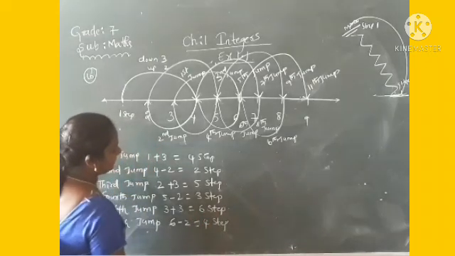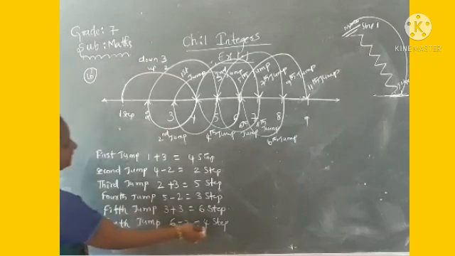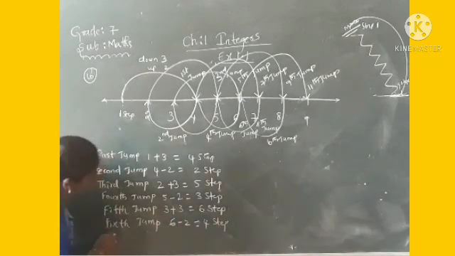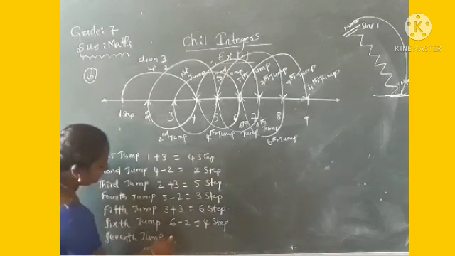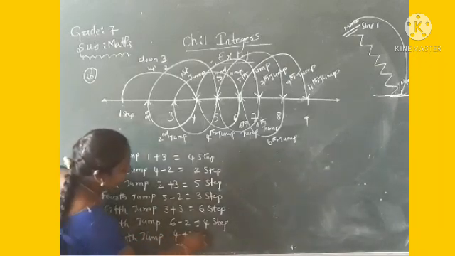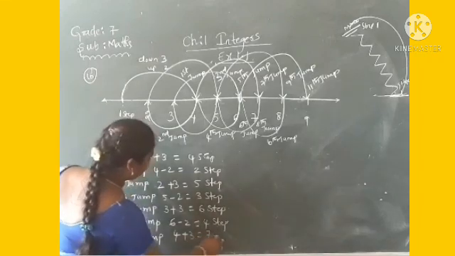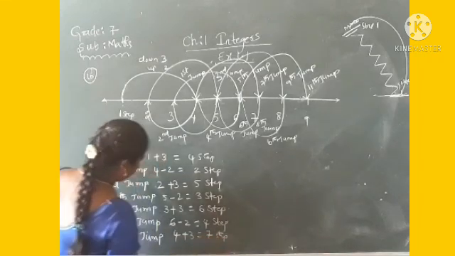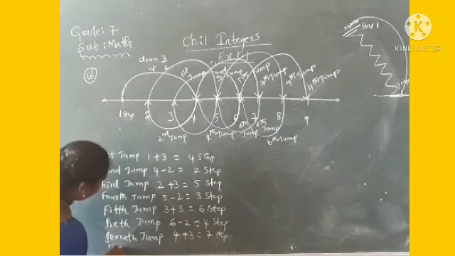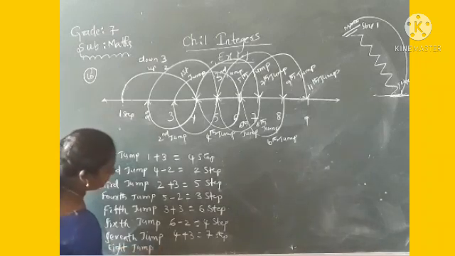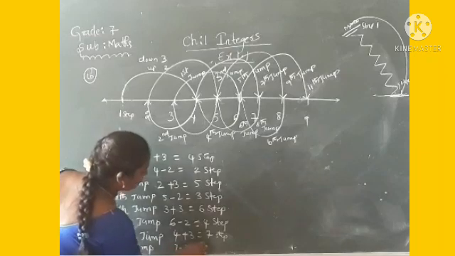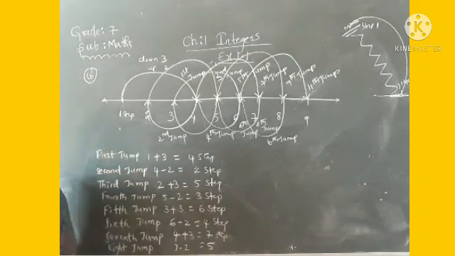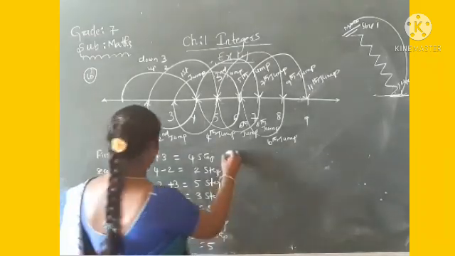This is the fourth step. Now the monkey is at the fourth step. Now seventh jump, that is 4 plus 3 is equal to 7. So now the monkey is at the seventh step. And eighth jump, that is 7 minus 2 is equal to 5.